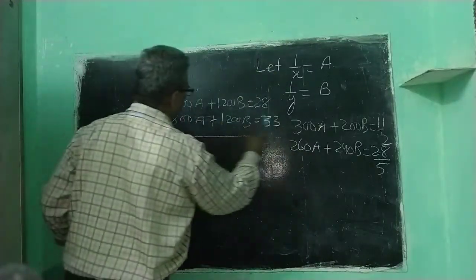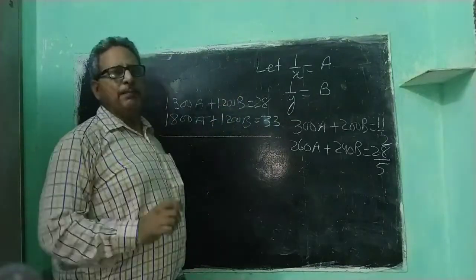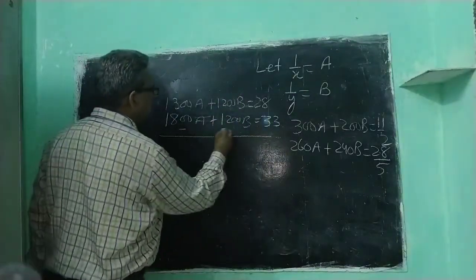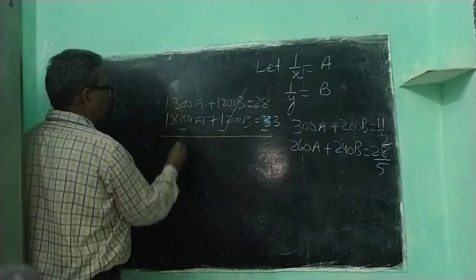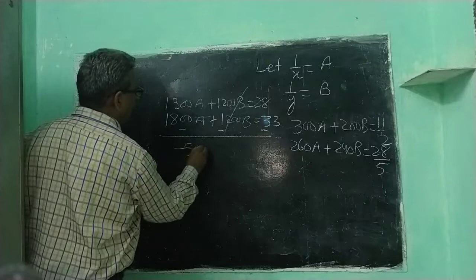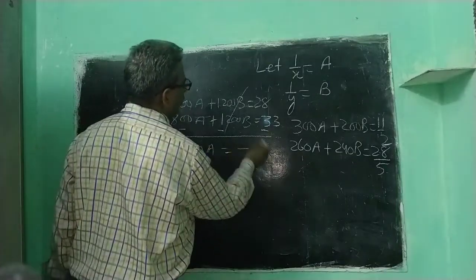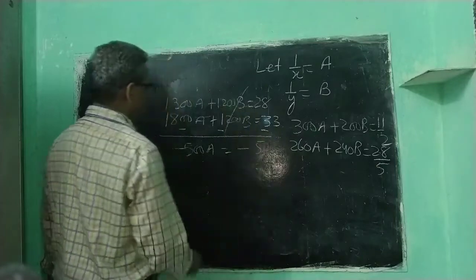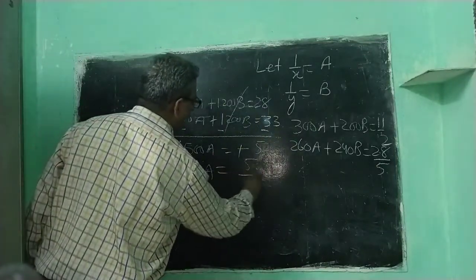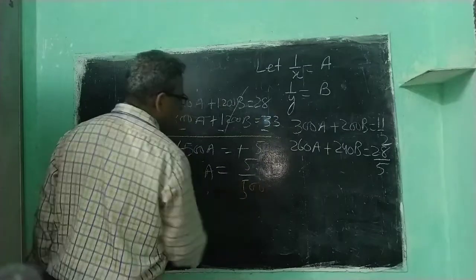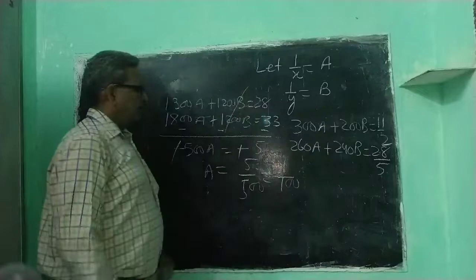Now here these are the same, beta, so subtract them. Minus, minus, minus. This cancels. So what we get? Minus 500a is equal to minus 5. So this minus minus goes. a is equal to 5 upon 500, that is 1 upon 100.